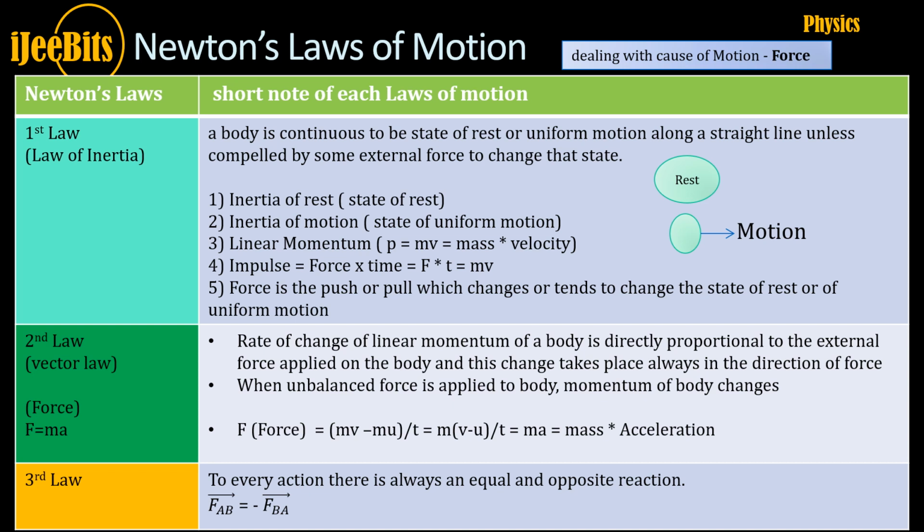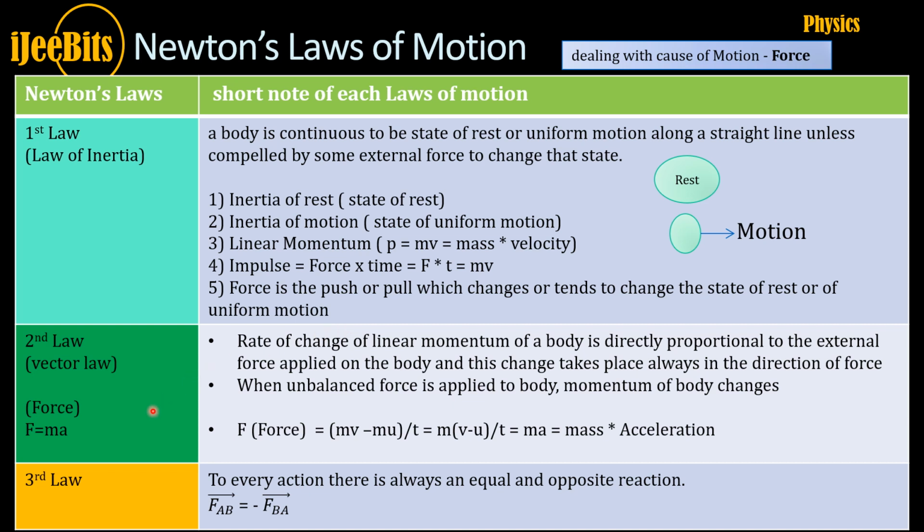Last class we reviewed Newton's laws of motion. The first law talks about inertia of rest and inertia of motion. We also talked about linear momentum, and then we discussed impulse, force into time, and looked at a few sample examples.